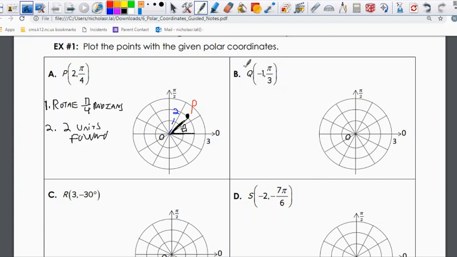Now let's look at point Q, (-1, pi over 3). We rotate pi over 3, and then we move 1 unit backwards, because that's a -1.